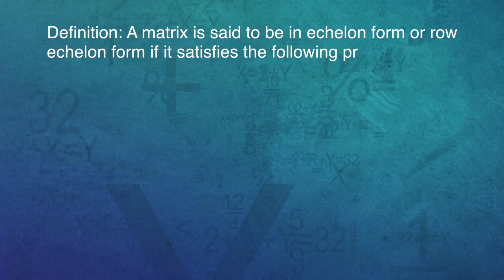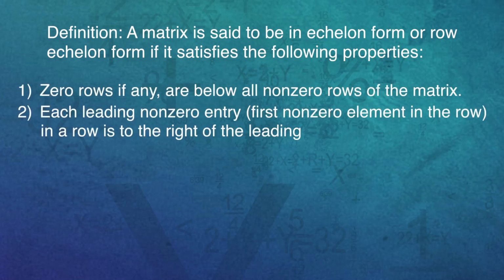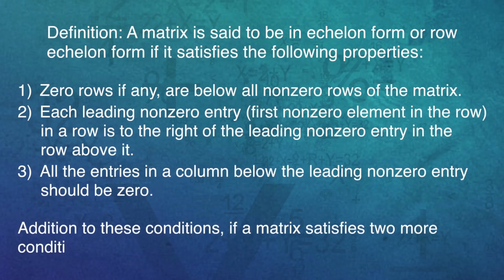A matrix is said to be in echelon form or row echelon form if it satisfies the following properties. The first property: zero rows, if any, are below all non-zero rows of the matrix. Second property: each leading non-zero entry, that is the first non-zero element in a row, is to the right of the leading non-zero entry in the row above it.